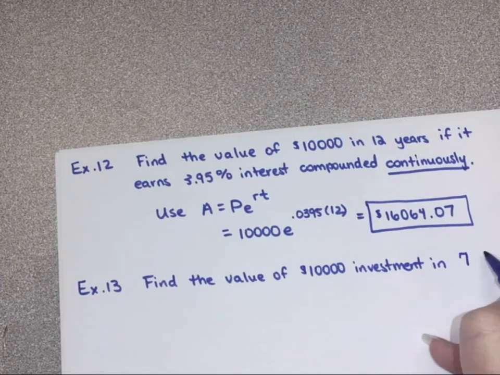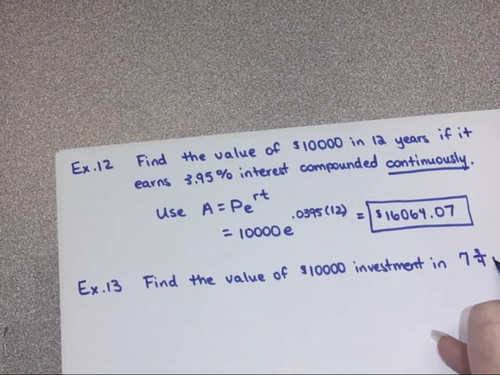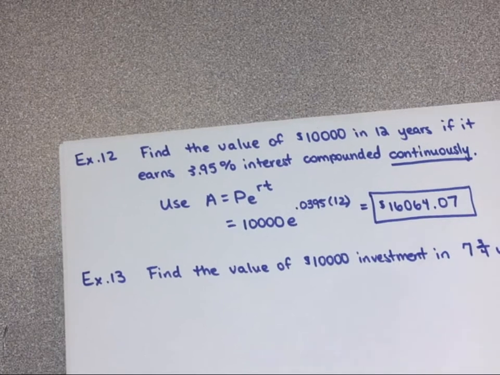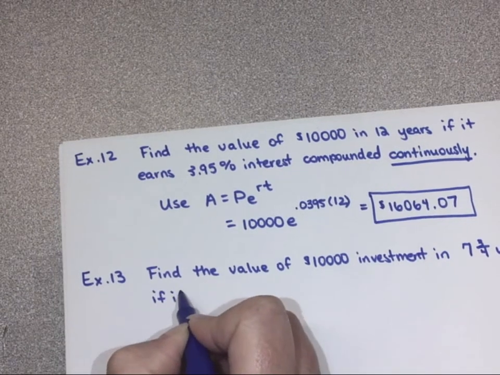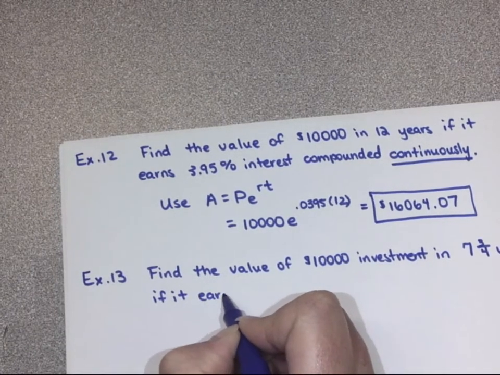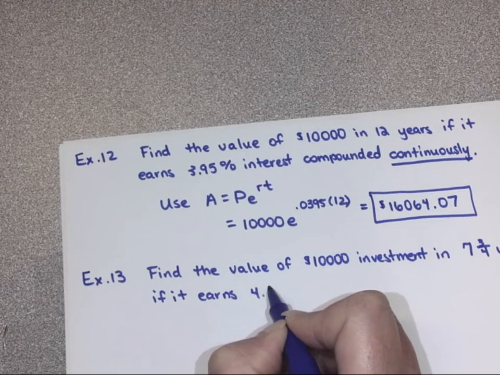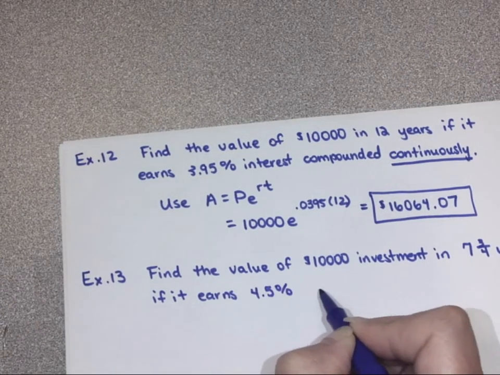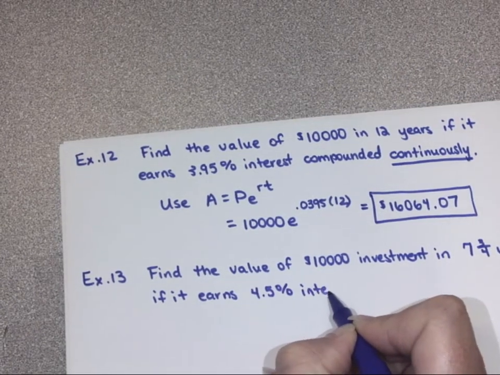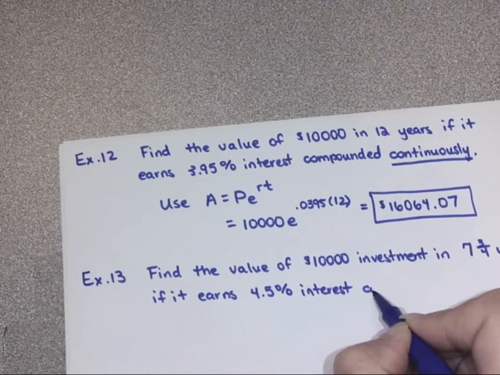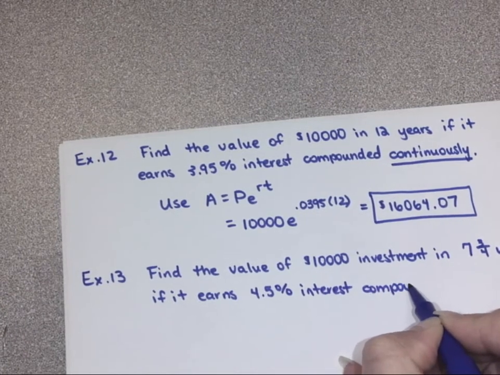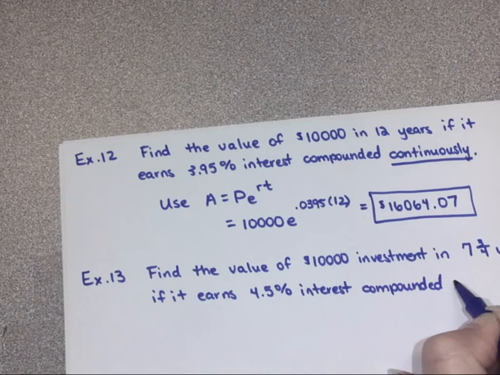Let's do 7 3/4 years. Let's be really extra about it. And let's say it earns 4.5% interest compounded quarterly.